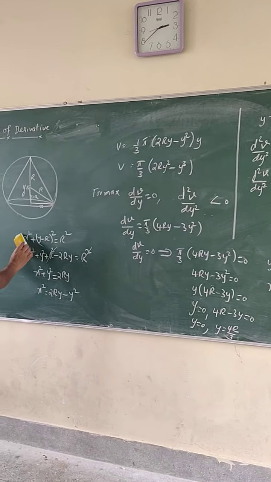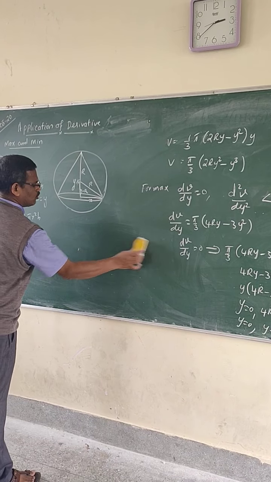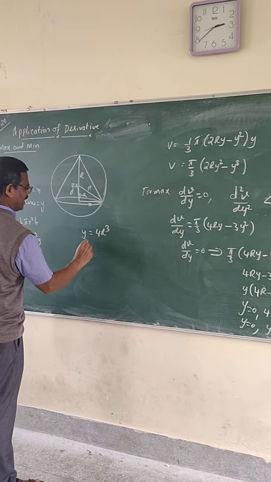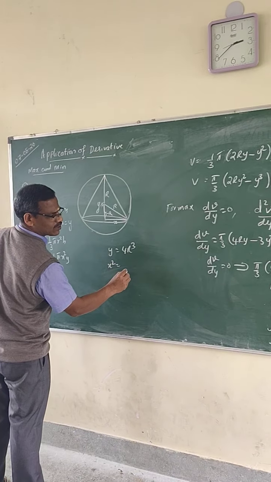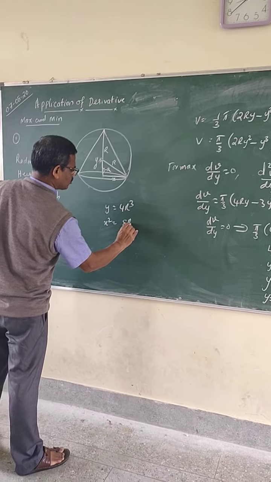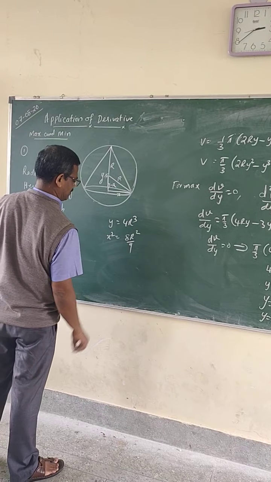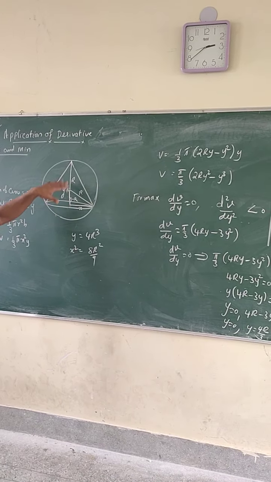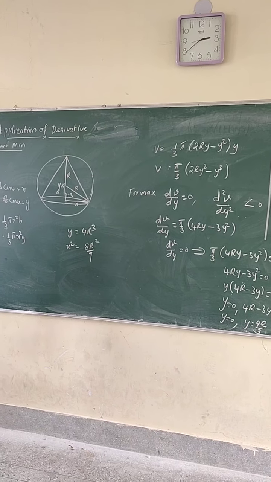So now you have two values. One is y is equal to 4r by 3, and correspondingly the value of x square is 8r square by 9. And these are the values or the dimensions which make the volume of the cone maximum.